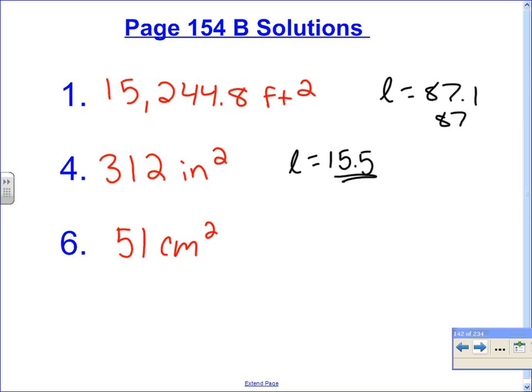Alyssa. Number 1. Okay, let me work backwards with you too. So the last two numbers should be 4,096 plus 11,148. You don't have either of them? But not the second one. Okay, so for the second one, to get that, you should be doing 1/2 times the perimeter times the slant height.